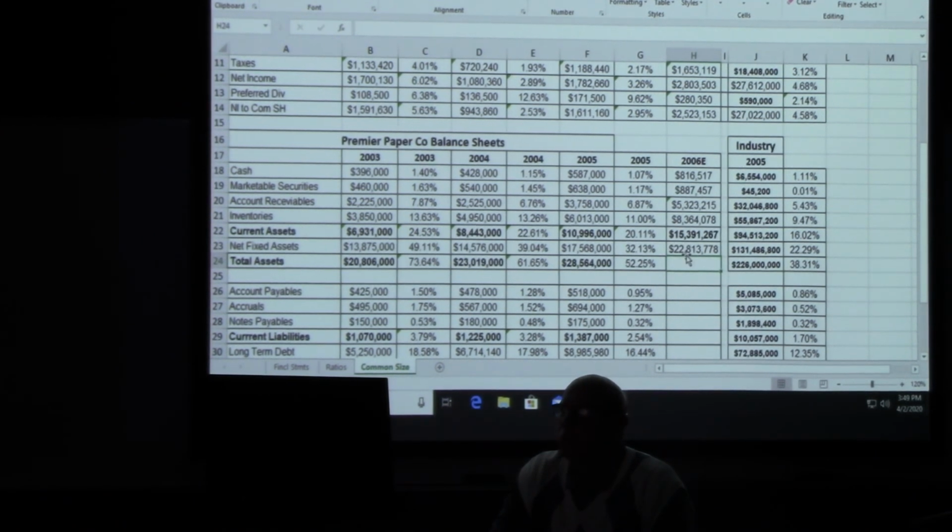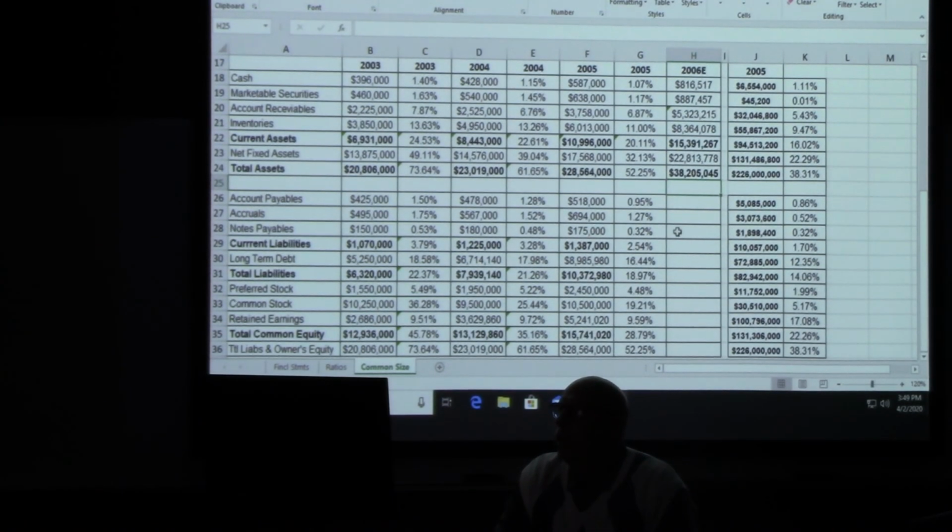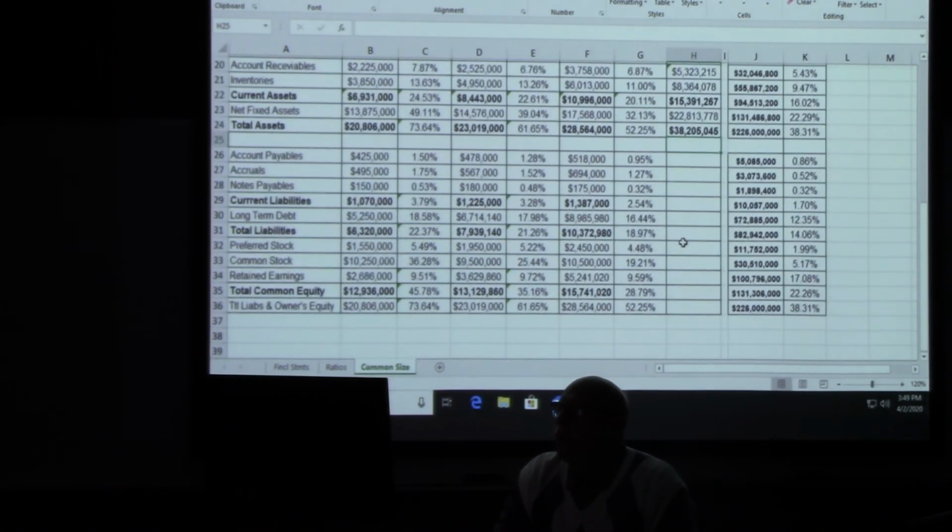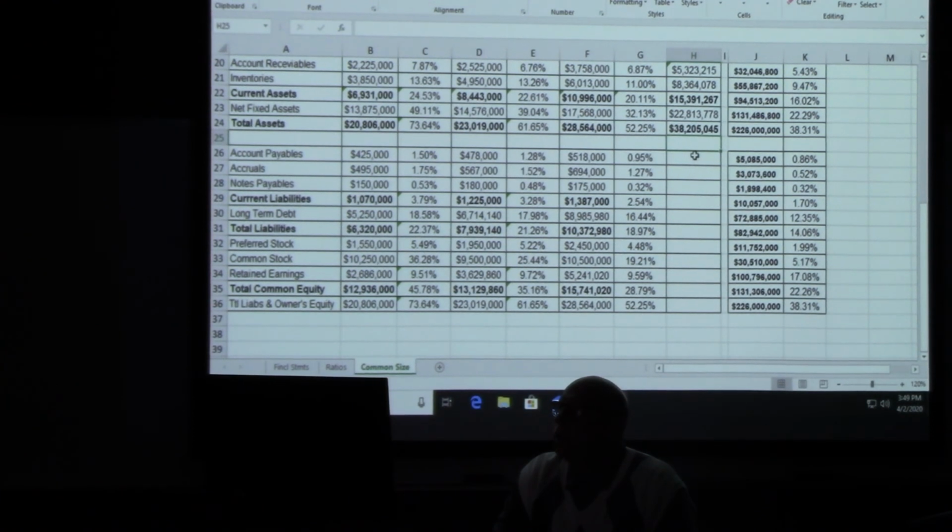We're making some assumptions here, like we're assuming net fixed assets will fall to 30% of sales. All right, and so our total assets equal our current assets plus our net fixed assets, and we have 38,205.